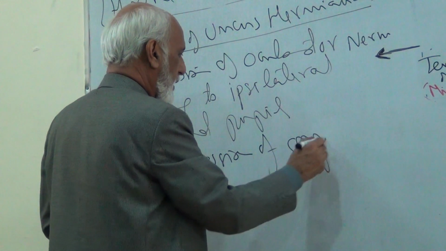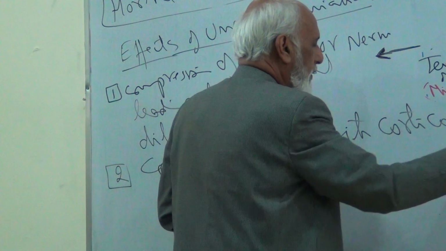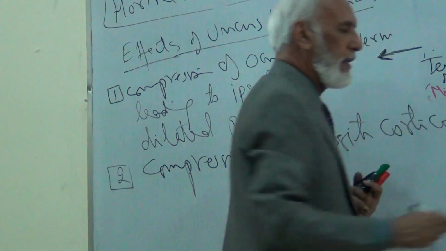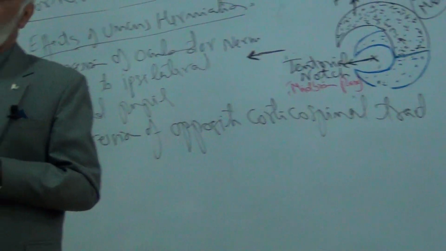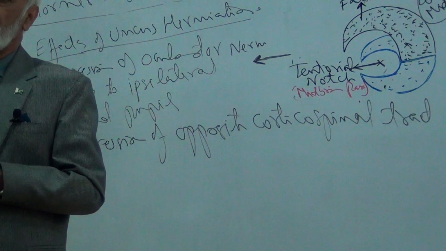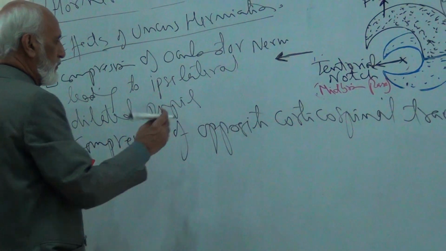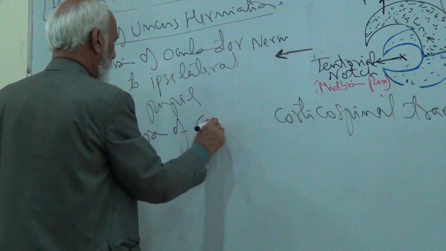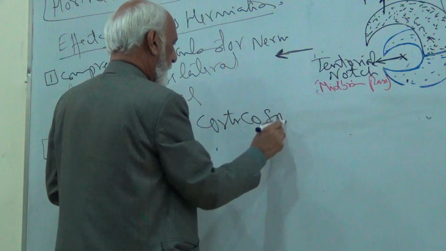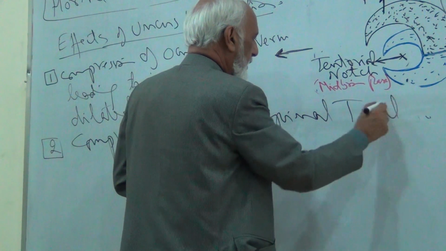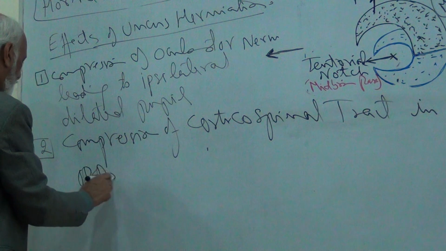The corticospinal tract will be compressed in the opposite crus cerebri of the midbrain.